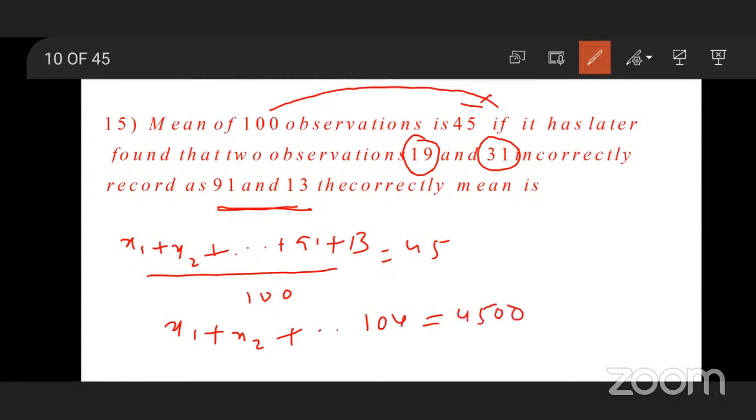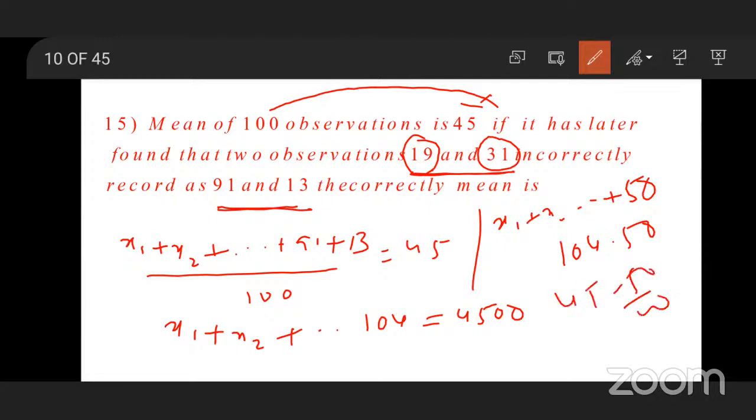But what is the difference from 104? The value of 19 plus 31 is 50. Therefore, the correct sum can be written as 4500 minus 104 plus 50, and we get 45 minus 54 by 100. We get a solution. Please do it here.